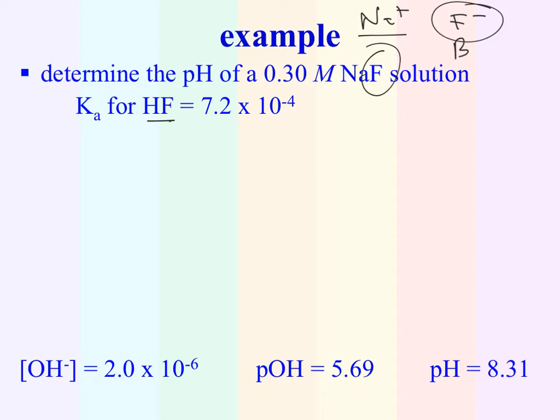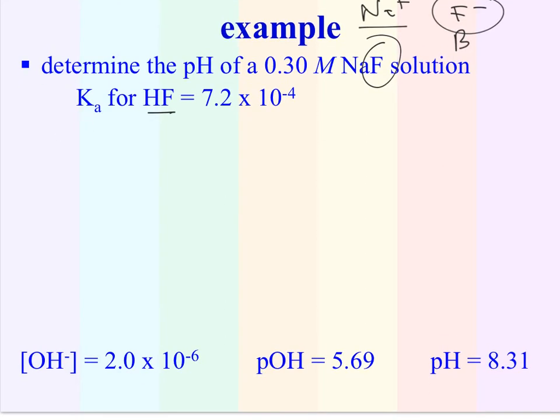So really the process that we're trying to look at with respect to what's actually affecting the solution is a base interacting with water. So we know this is our base, this is going to be our acid, so this is going to produce the following.